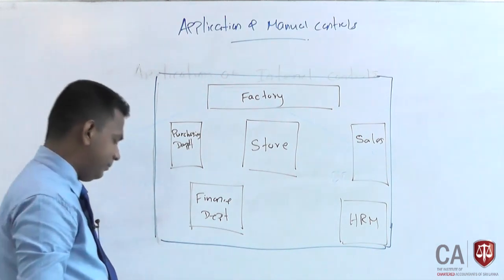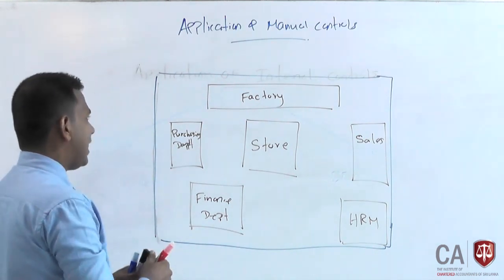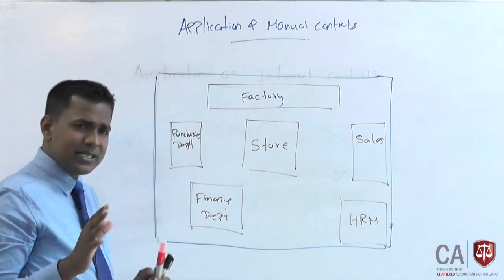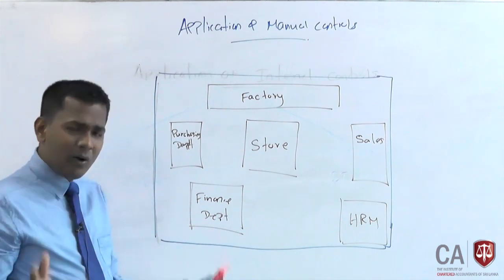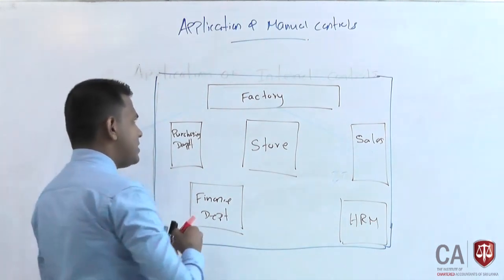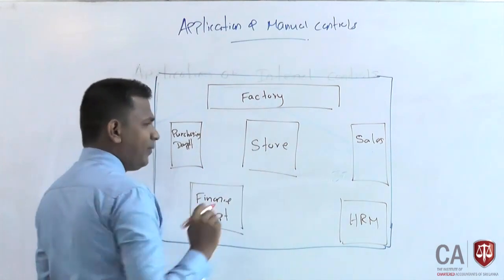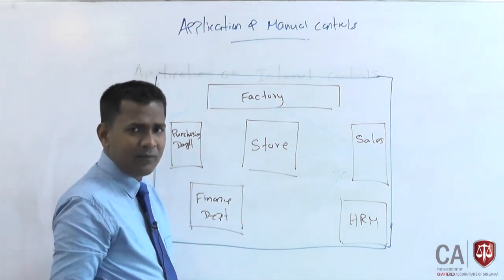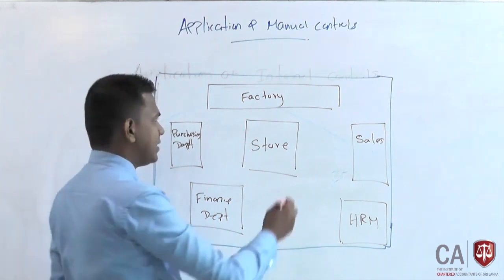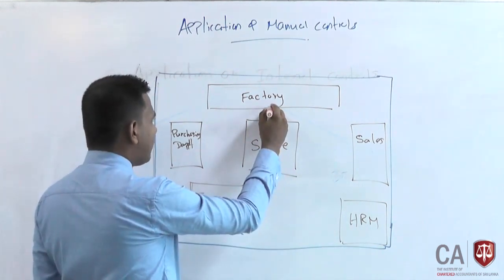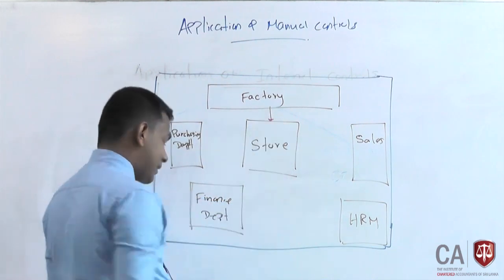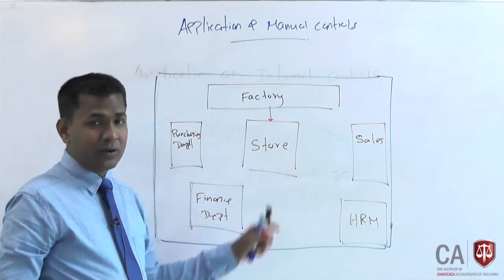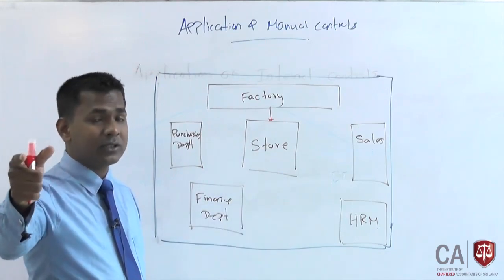If you look here, I will just tell you a few internal controls within the organization. These internal controls you are already aware of. Now, say the factory. The factory needs items from the store to run factory-related activities. When materials are required by the factory from the store, you can't just call the store and say, please send me.